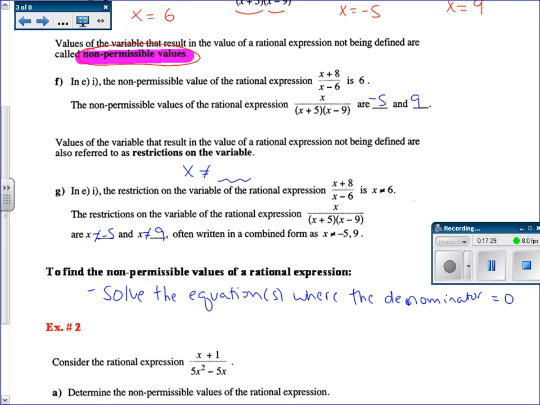Okay. And you may need to factor. Okay. So if we look at example 2 here.